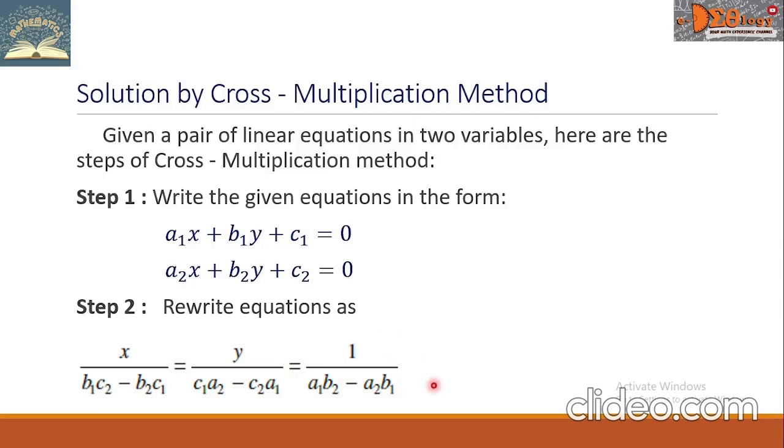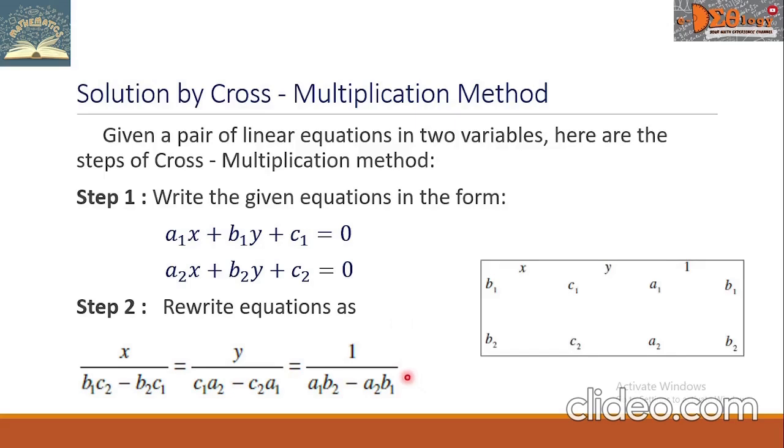In order for us to memorize this formula, this figure can help. Let us write the x, y, and the constant 1 in the first row. Then we arrange the coefficients and constants in this manner. This is the column for b, so b sub 1, b sub 2.